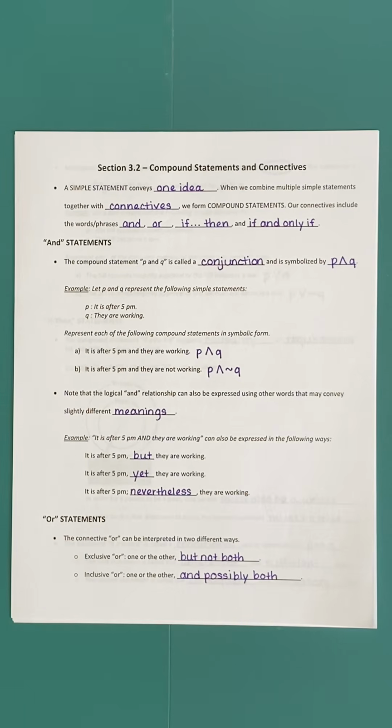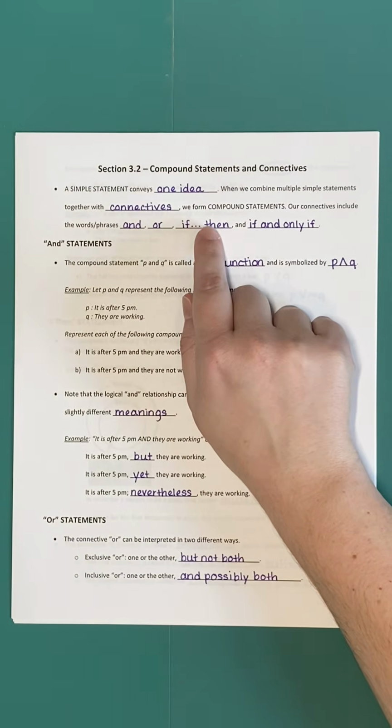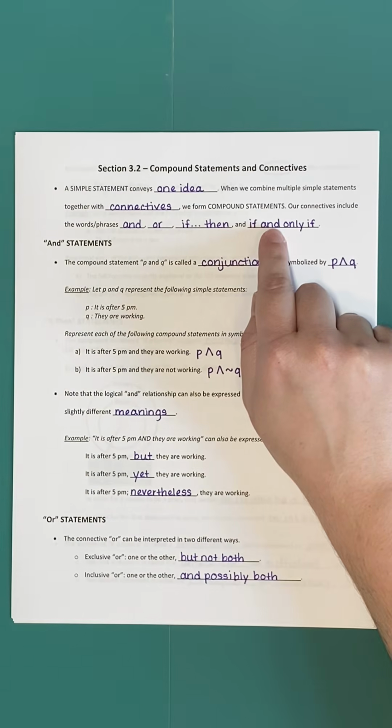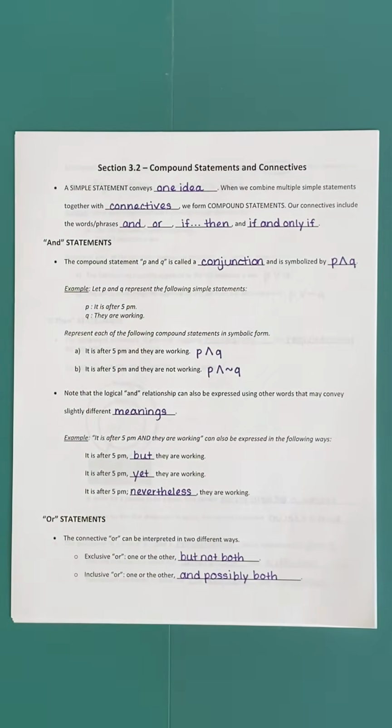And depending upon the connecting words we use, it's going to communicate a different relationship among the statements that we're combining together. So we have 4 different connecting words and phrases. So our words are going to be and, or, if then, which will be combined in phrasing, and if and only if. So each of these connectives is going to join together our statements, but it joins them together in a specific way and expresses a particular relationship.